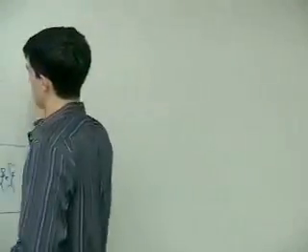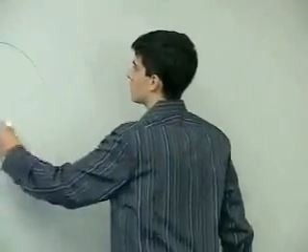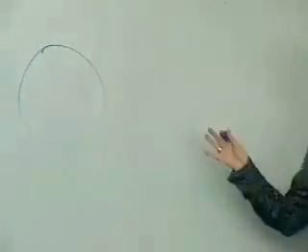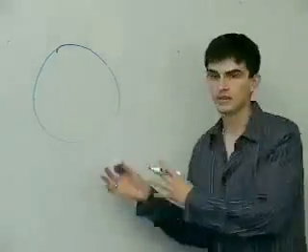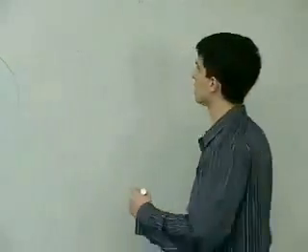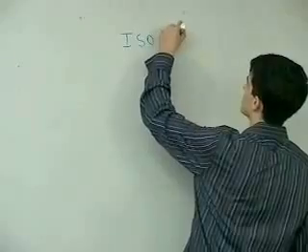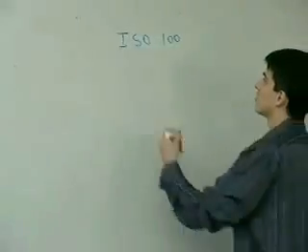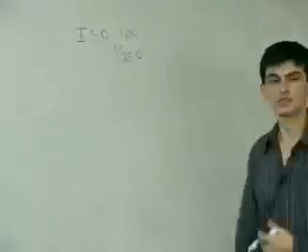So let's just say that we have a circular lens. Okay? It's a big lens, and it is letting in light for my photo. So I have, let's say, ISO 100, and I have maybe a 250th of a second shutter speed.